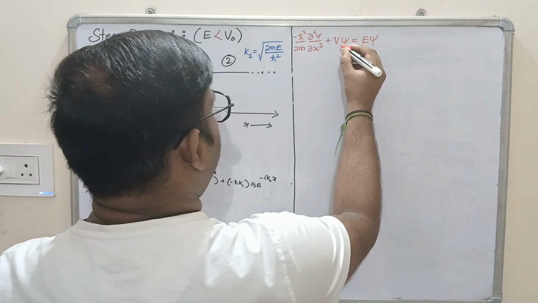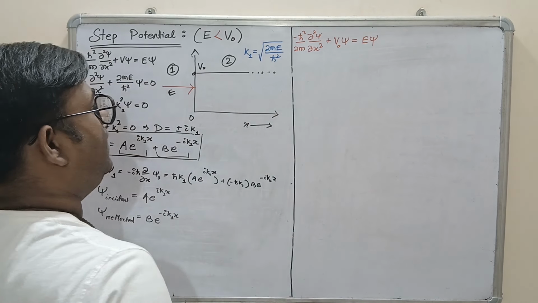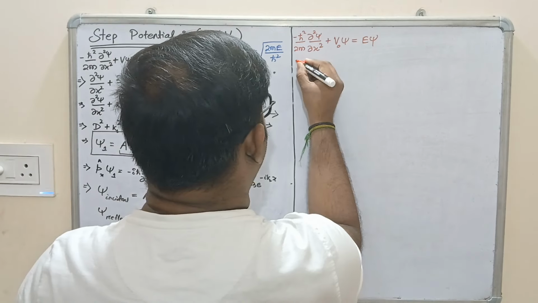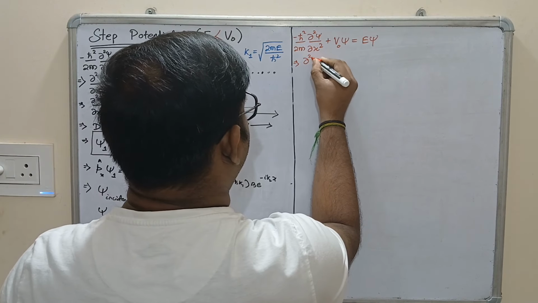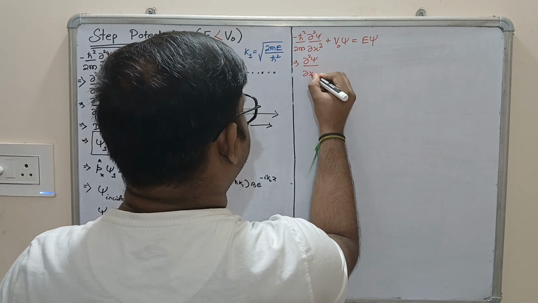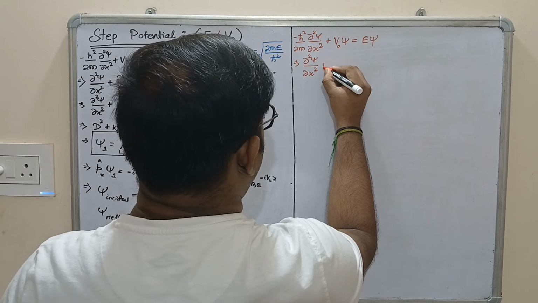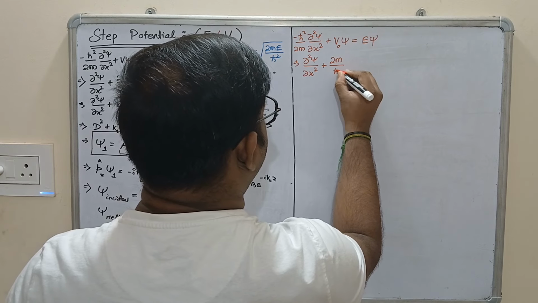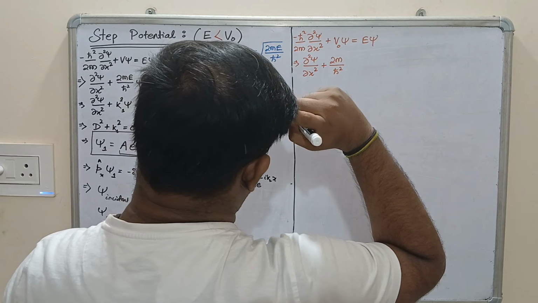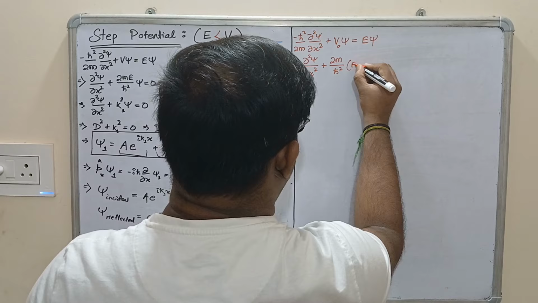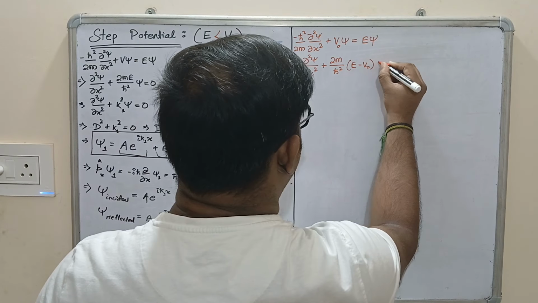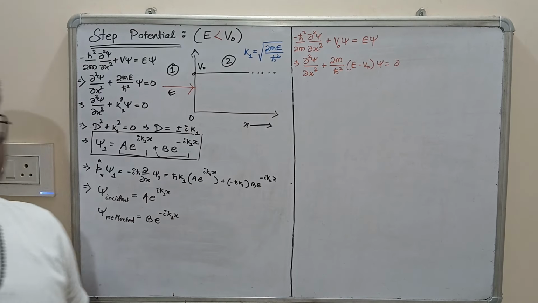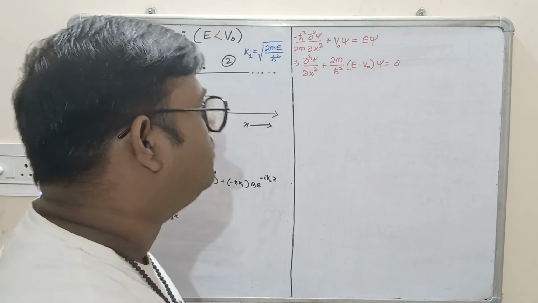Now your V will be V naught in this region. That will give us del square psi by del x square plus 2m by h bar square into (E minus V naught) psi. Okay, very simple.